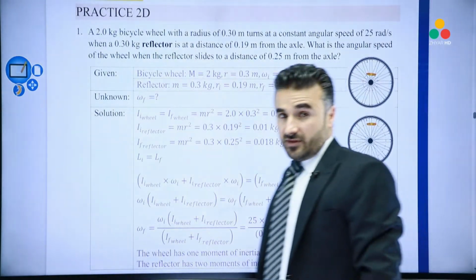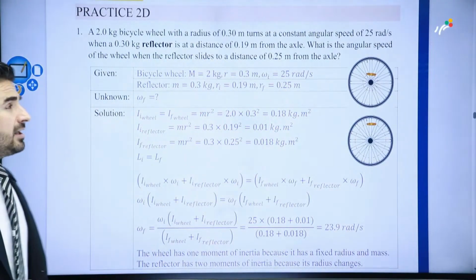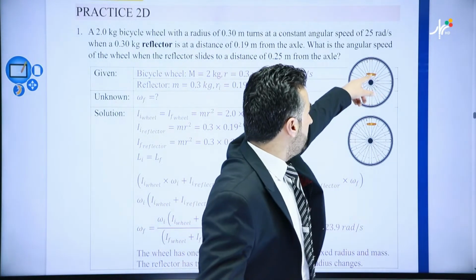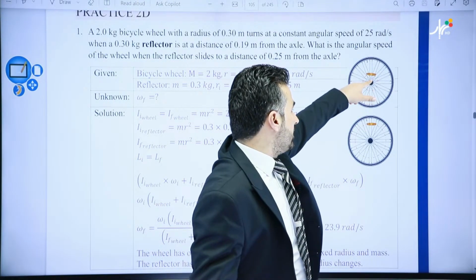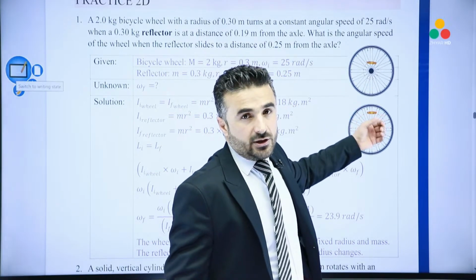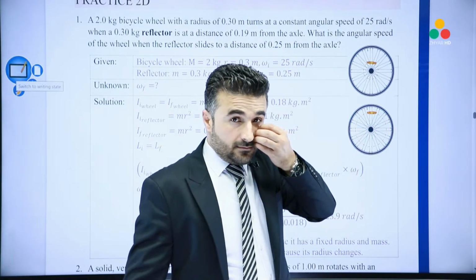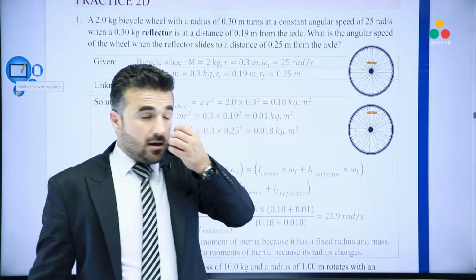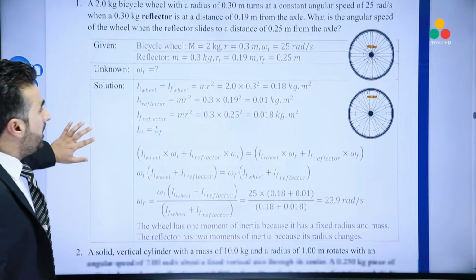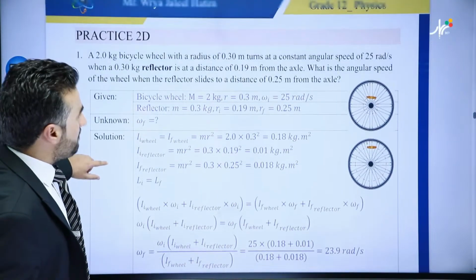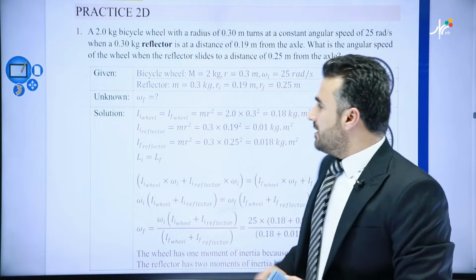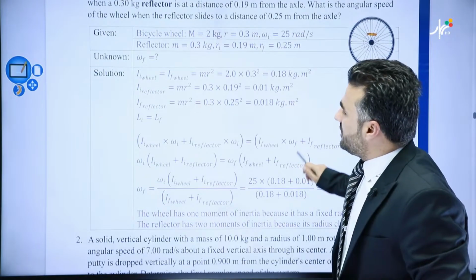Similar question to the previous one, okay? We have a bicycle wheel and a reflector. As you can see here, the reflector is very close to the center, to the axis of rotation, but then the reflector moves away from the axis of rotation. Okay, we're going to solve this one here, but I'm afraid we might not have enough time.